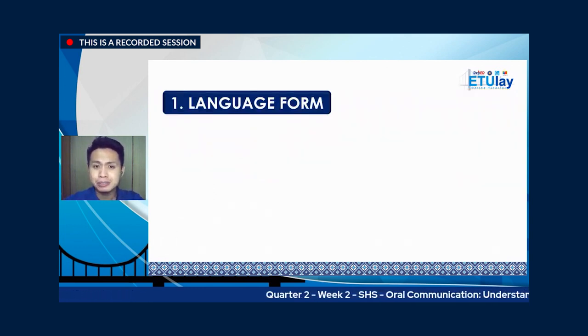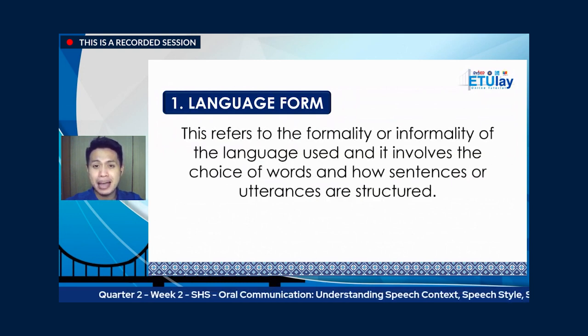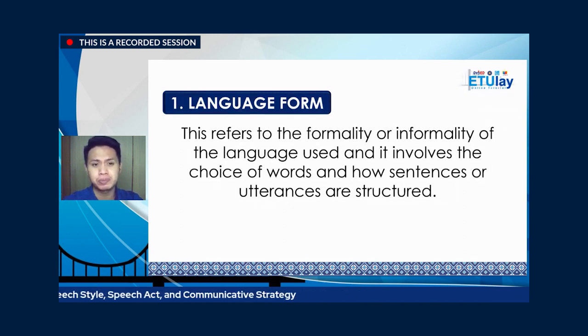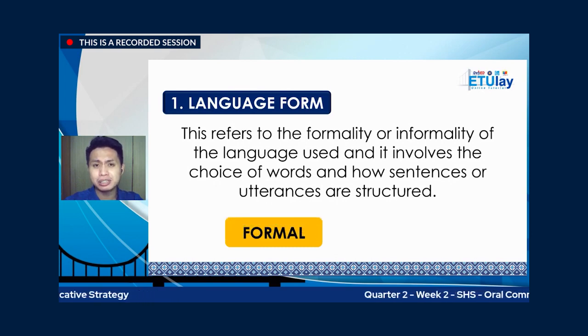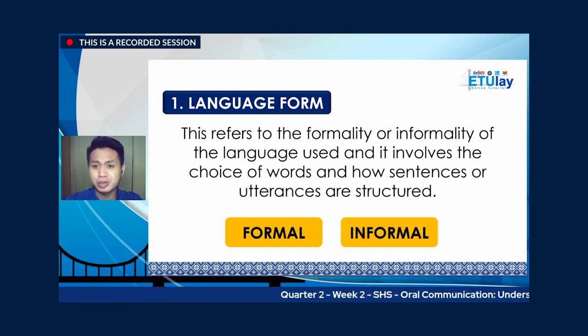The first factor is language form. This refers to the formality or informality of the language used, and it involves the choice of words and how sentences or utterances are structured. Under language form, we have formal language and informal language.